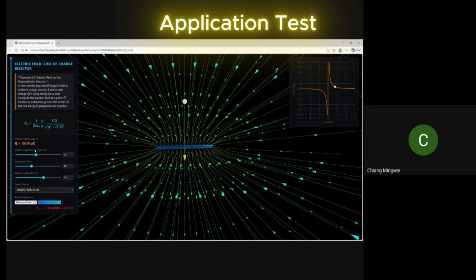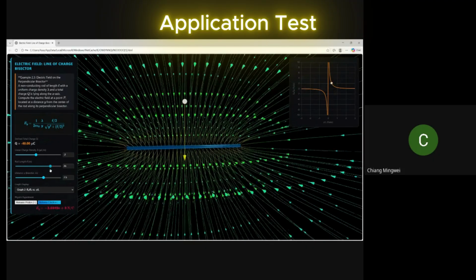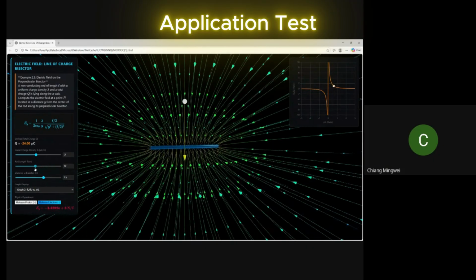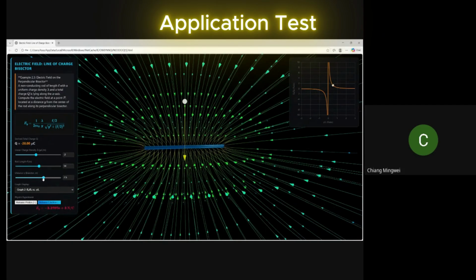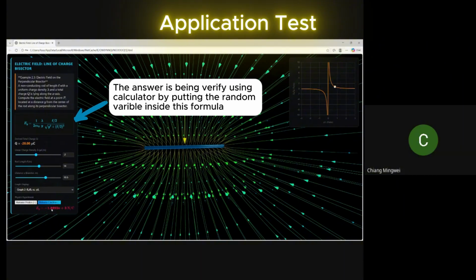You can also change the rod length L here. You will see the electric field lines, how the electric field is simulated, and also the distance y at different meters. You can see the electric field value here.